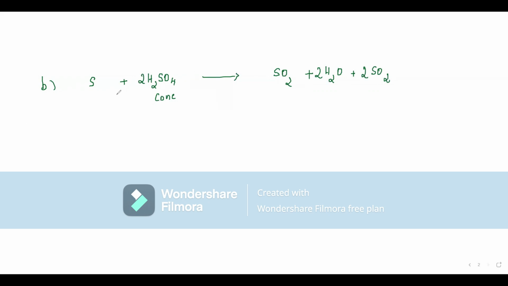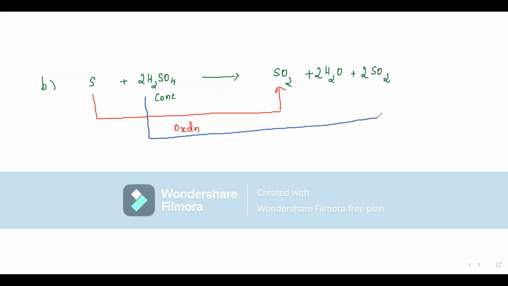Here, sulfur is converted to sulfur dioxide by oxidation. Sulfur is oxidized to sulfur dioxide. At the same time, sulfuric acid is getting reduced to sulfur dioxide. Incidentally, this is a case where the oxidized product and the reduced product are the same.